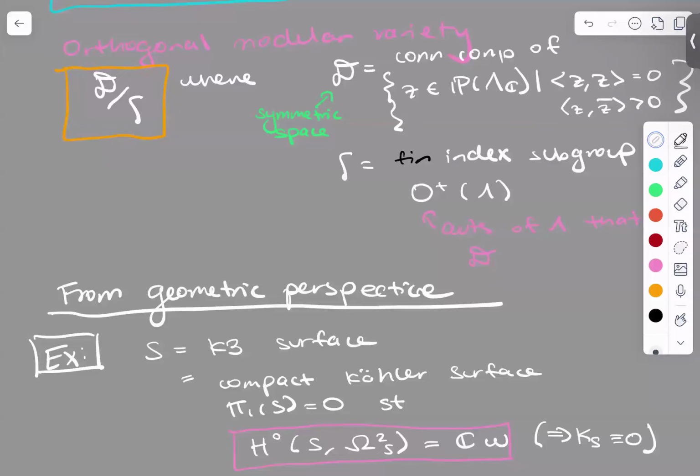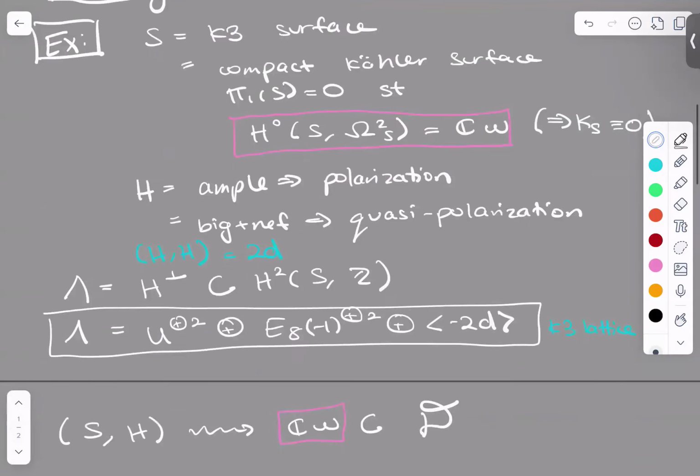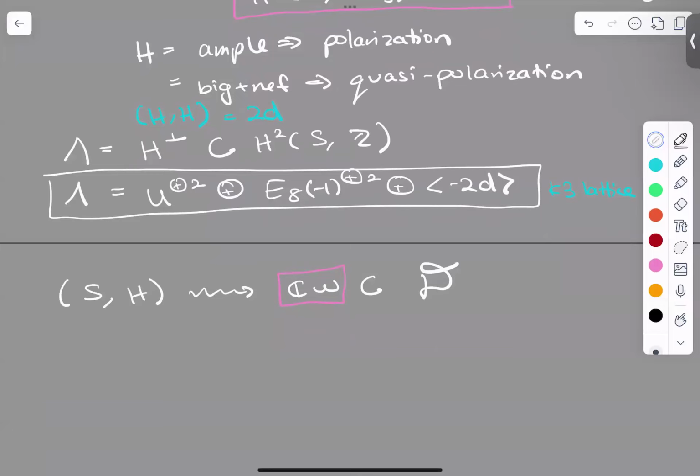Not only does it live in the projectivization of the lattice, but in fact it satisfies these properties of zero self-intersection and positive intersection with the conjugate of itself. And so the point is that this gives me a map assigning to a K3 surface S, H something in D, and this is equivariant with respect to the action of a group I'll denote O tilde plus of lambda.